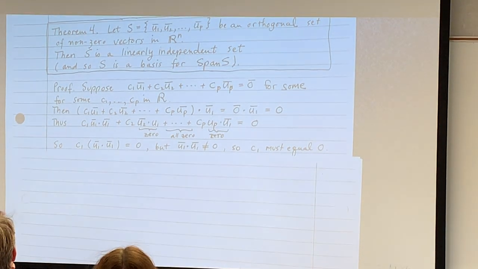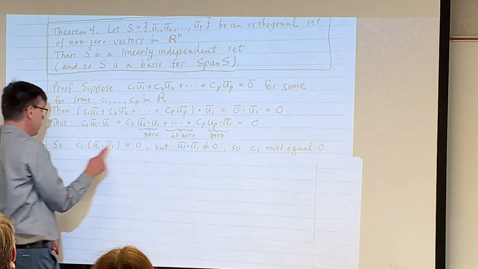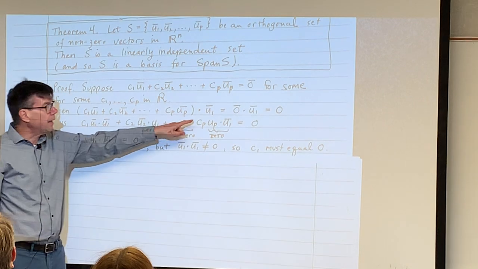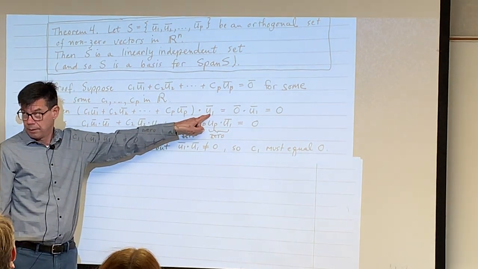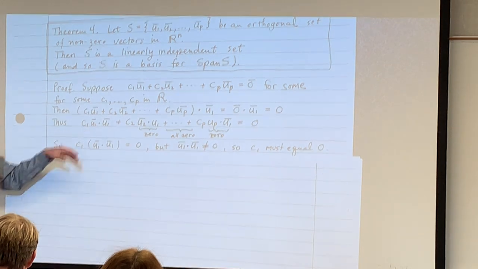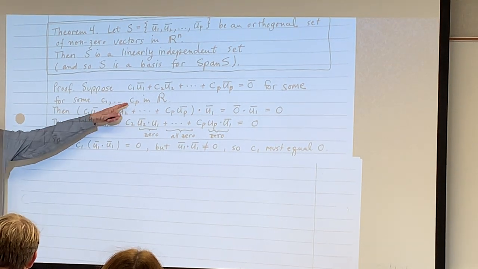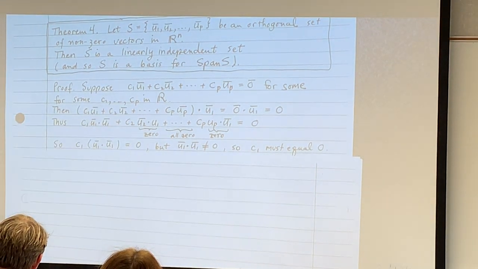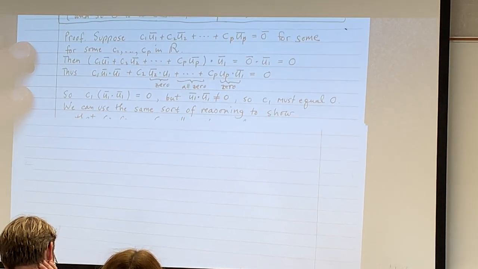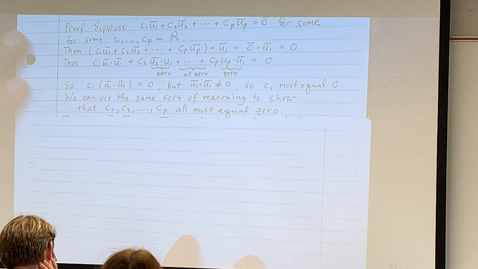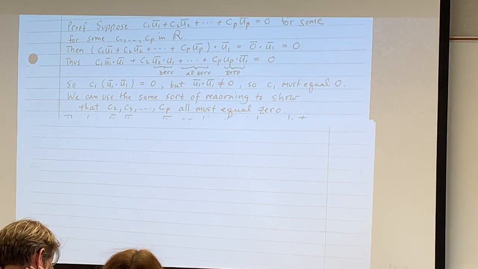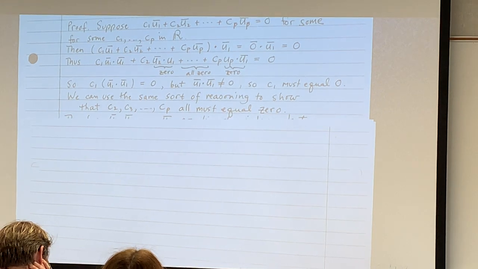So that's an argument that C1 has to be 0. Now we used U1 to show that C1 is 0. I could go through the same argument again where I put in U2, and the same reasoning will lead us to C2 has to be 0. Do it with U3 all the way down the line to UP. So we can use the same sort of reasoning to show that C2 through CP all have to be 0.